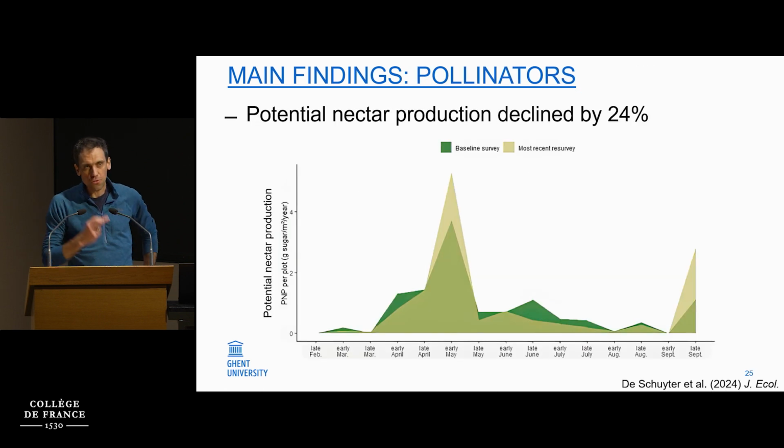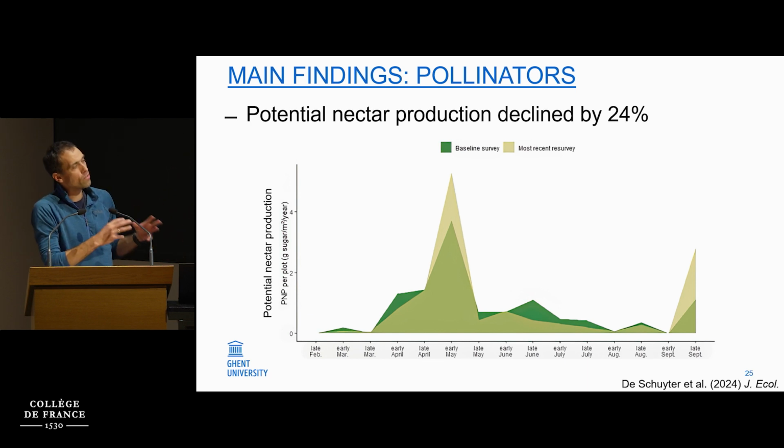A good final result to make a link with pollinators is that we also recently quantified the change in the potential nectar production, so using literature data of how much nectar and sugar each plant species is producing on average, and then calculating this for the baseline and the recent survey, we calculated the change per year or within a year in the potential sugar supply.